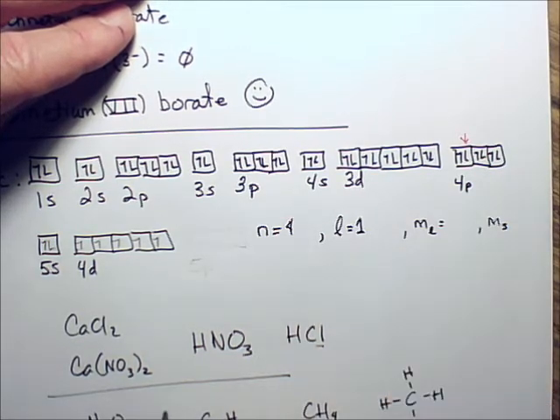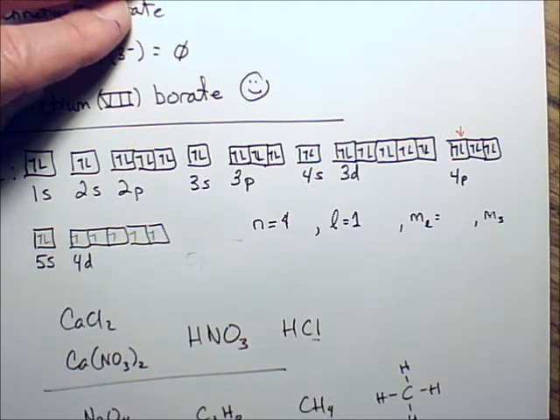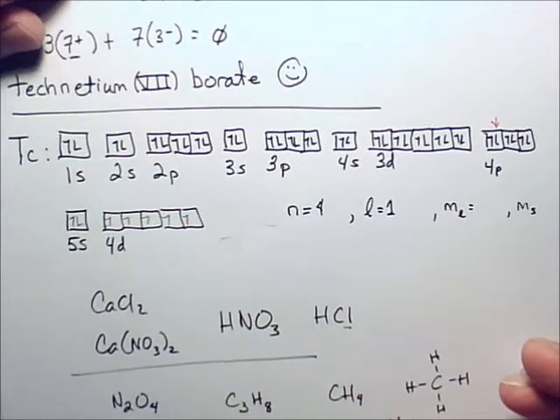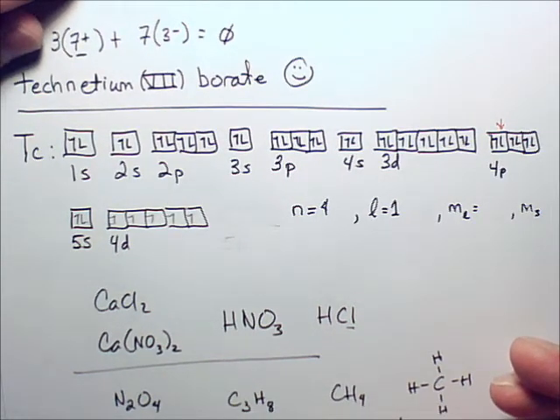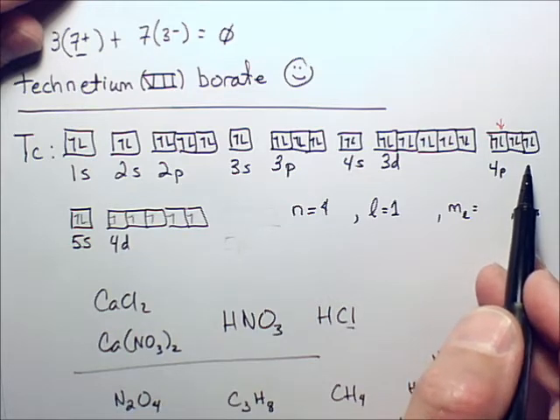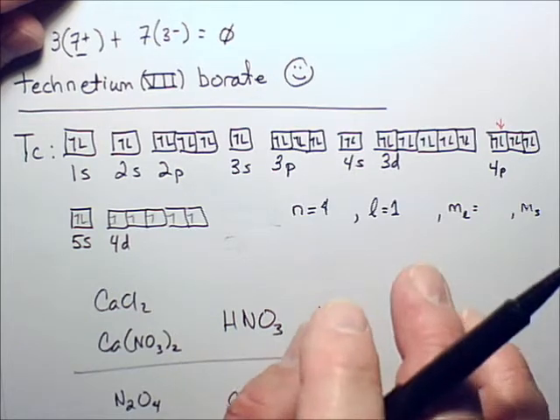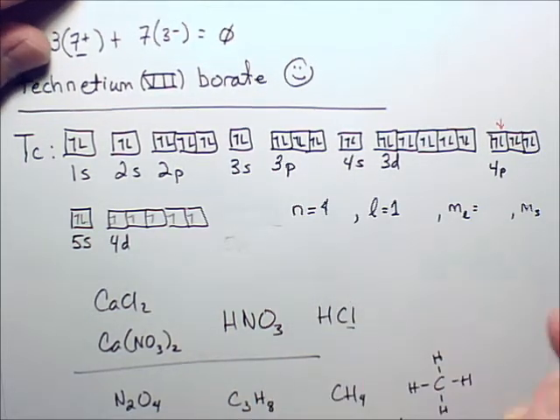Okay? Alright, what does M sub L tell you? In which of the orbitals the electron is located. Now, I've said in class that it's a little bit of a stretch to do it the way we do it. We do it this way for simplicity at this point in your chemistry career.